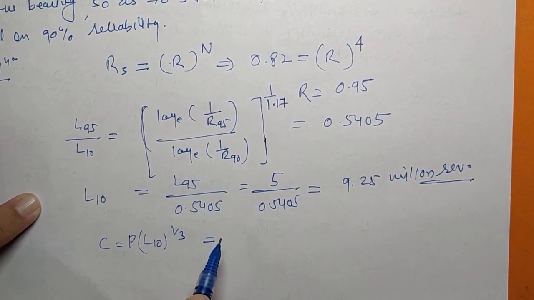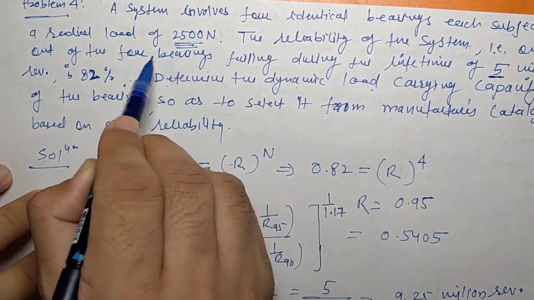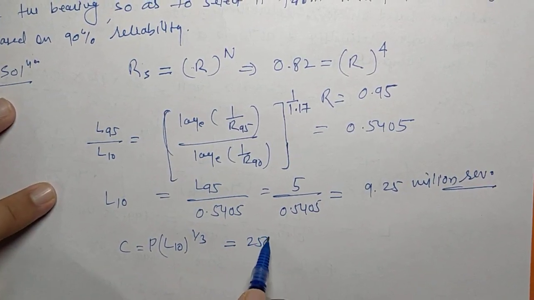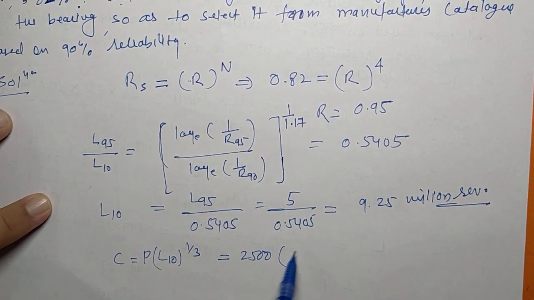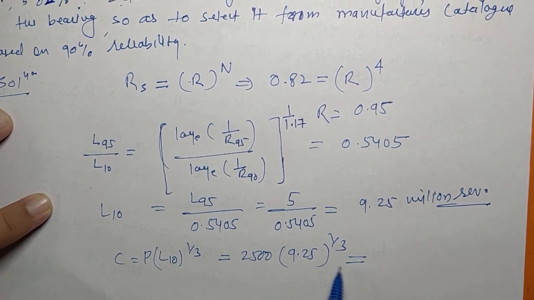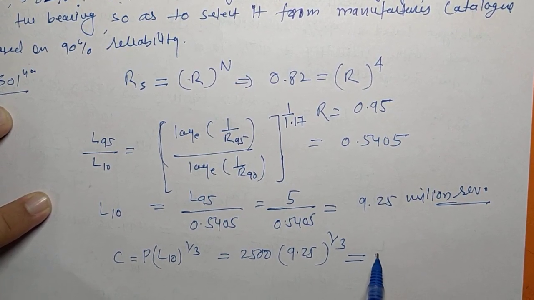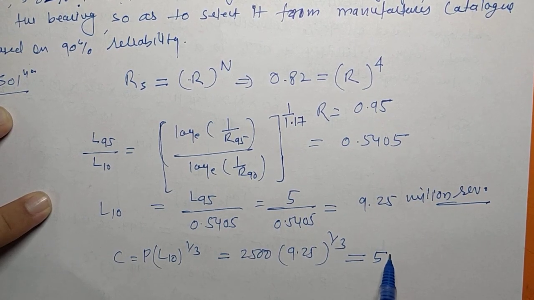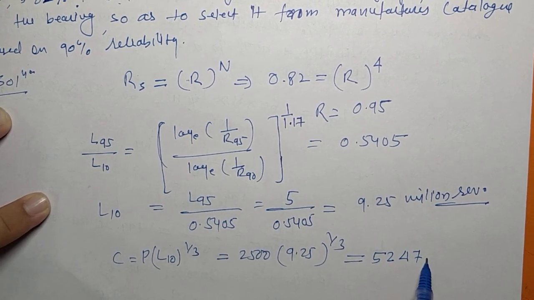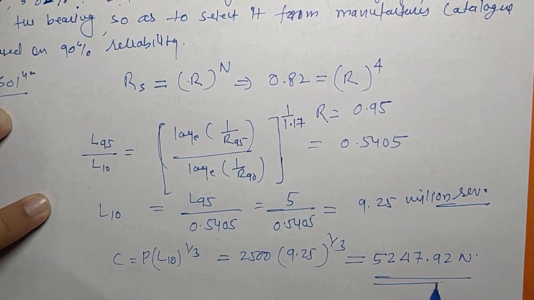P is given as the radial load, 2500 Newton, and L10 is 9.25, raised to 1 by 3. If we solve this, we get C as 5247.92 Newton. So this is our answer.